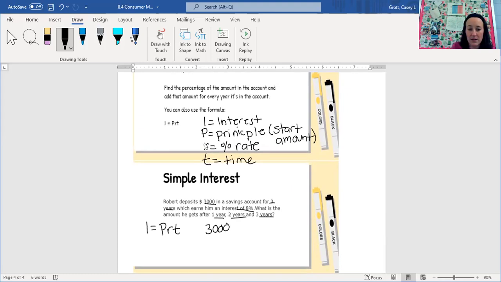Rate is 0.08. Okay, so 8% is equal to 0.08 because 8% is 8 out of 100. And then times time, so we would multiply by 1 for 1 year. Let's see what we end up with for that.